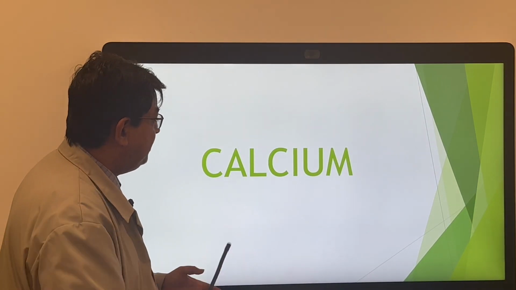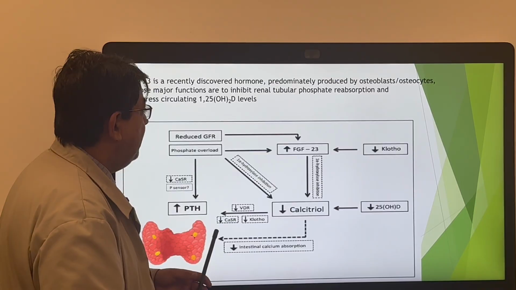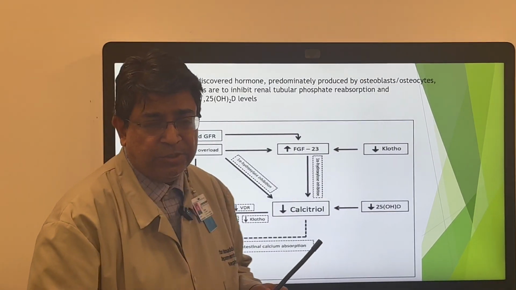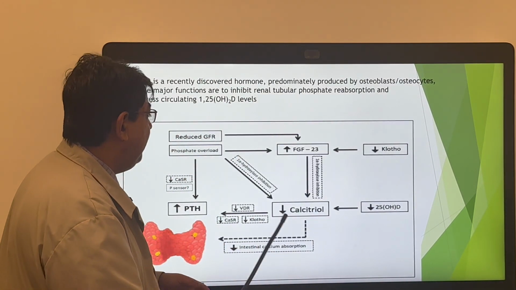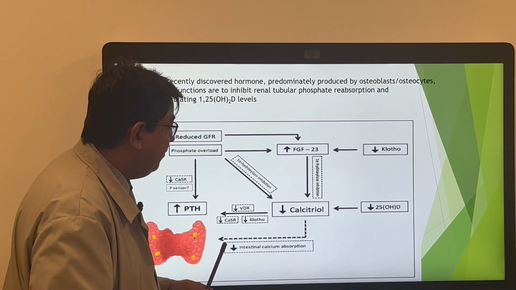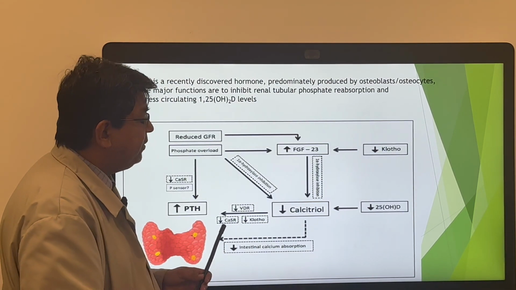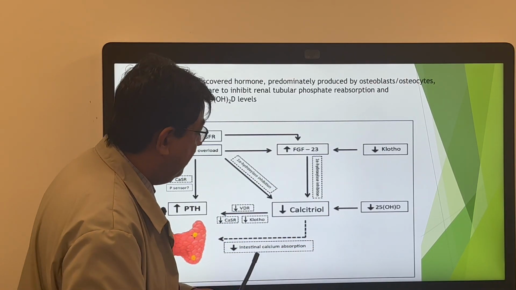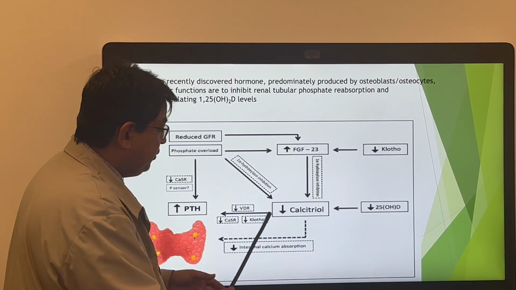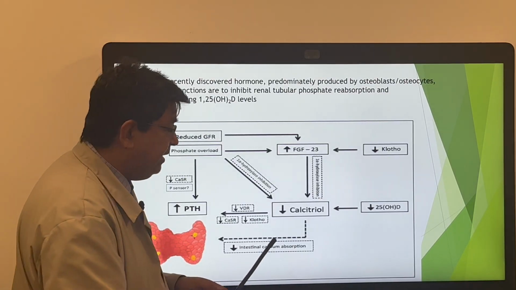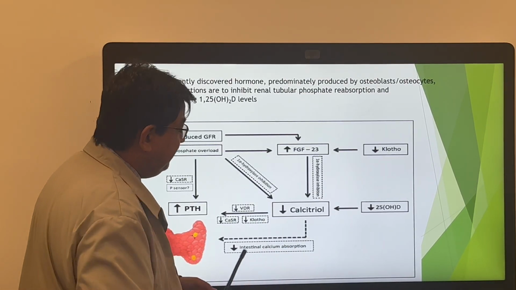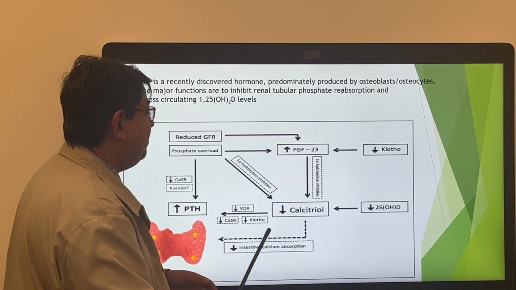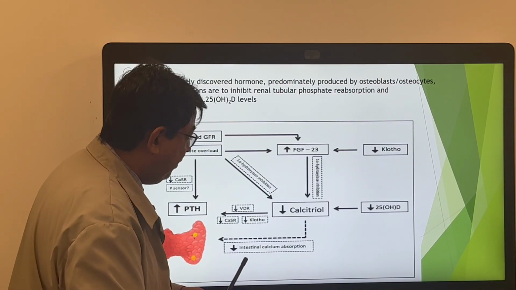So let's start with calcium. In order to understand calcium, you have to understand the enzymatic processes involved in regulating calcium. The most important thing is that vitamin D deficiency will lead to decreased calcitriol levels. And in chronic kidney disease, there's decreased activation of vitamin D. So there are multiple reasons for decreased calcitriol levels.